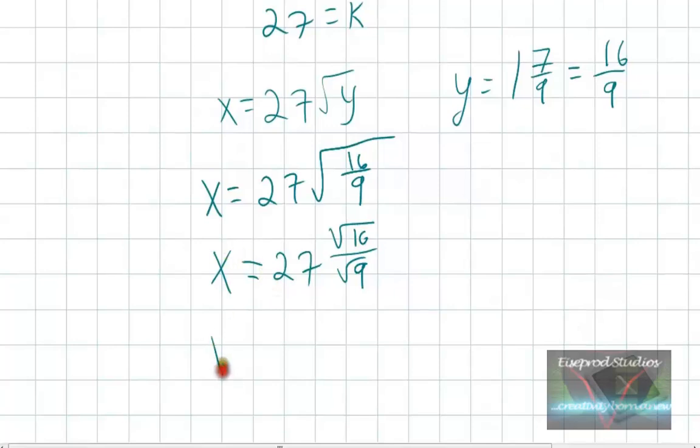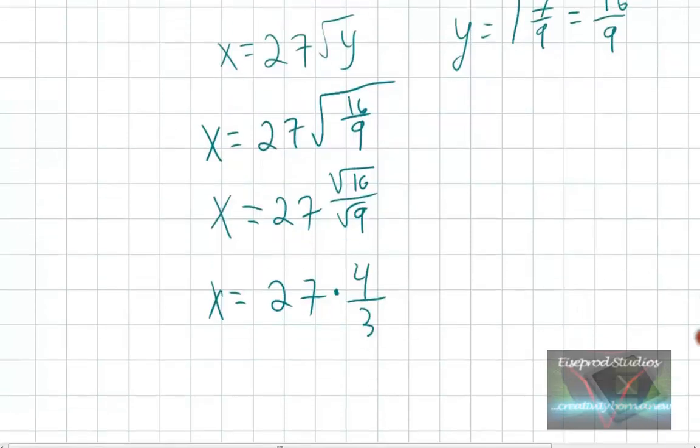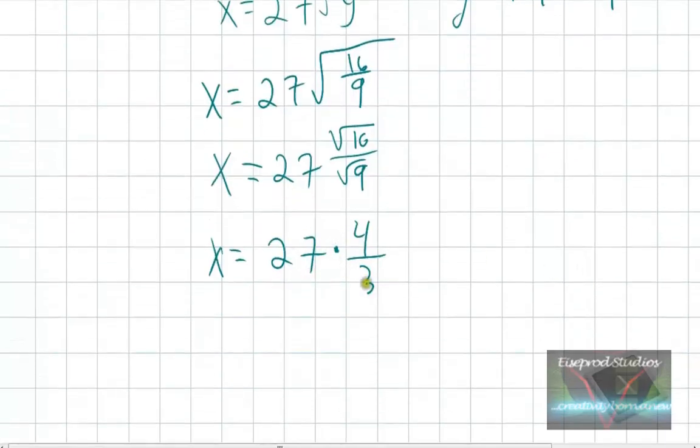So this is x is equal to 27 times the square root of 16 is 4, and the square root of 9 is 3. So you know that 27 can be divided by 3. So 3 would cancel into 1, and 27 would become 9. So x is equal to 9 times 4, which is 36.